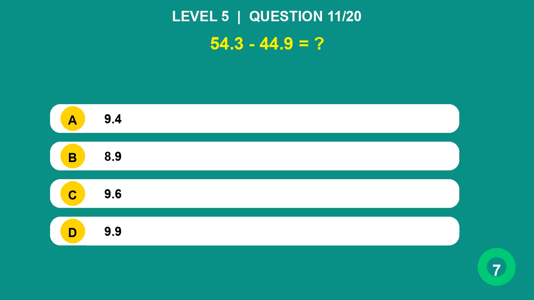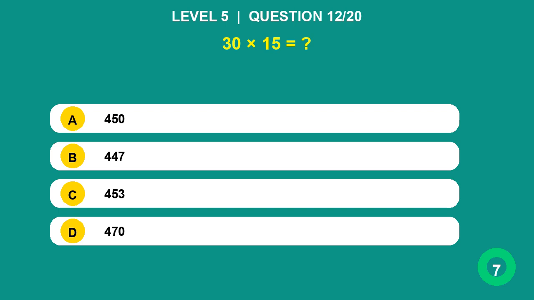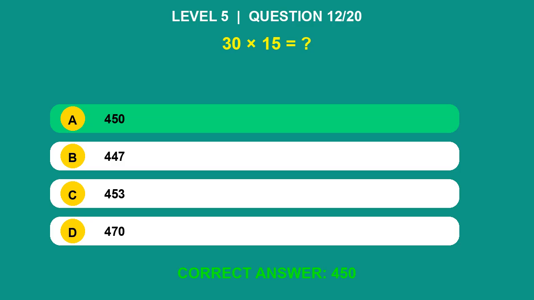54.3 minus 44.9 equals? Answer is 9.4. 30 times 15 equals? Answer is 450.